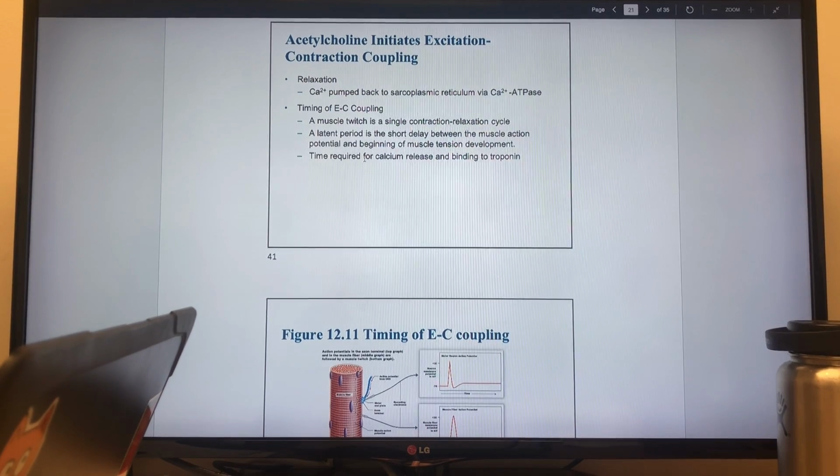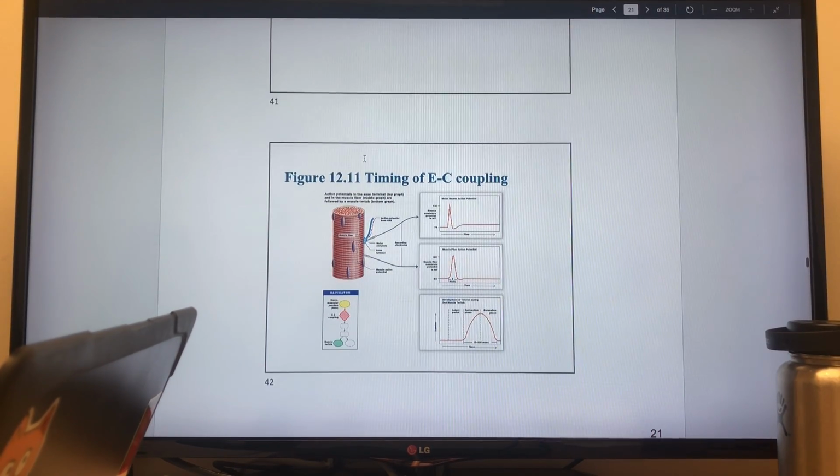So that's just what this graph is talking about? Actually, this is a perfect graph. Right here you have the motor end plate. I shot a signal, which took... I can't really see it right here. It shows no time frame. But here's the signal. Then by the time it reaches right around where the signal is traveling down towards the T-tubule, it took 2 seconds, roughly.